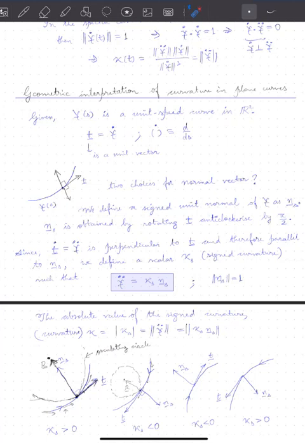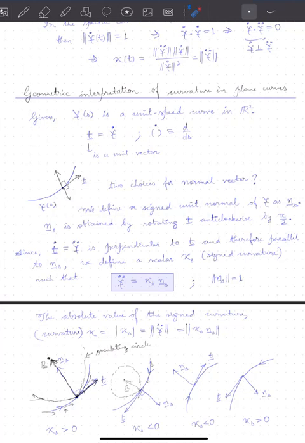Right? So n of s is obtained by taking the tangent vector at the point gamma of s and rotating it by 90 degrees anti-clockwise, by pi by 2. And what we see is that since the t vector is a unit vector, t dot is going to be perpendicular to t, right? And therefore it is going to be parallel to n of s.